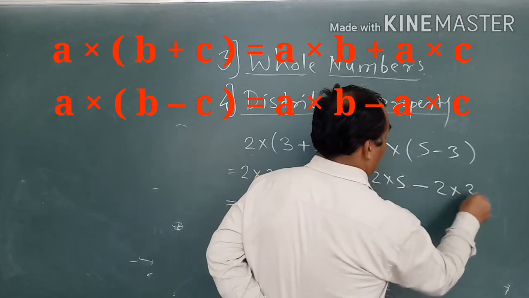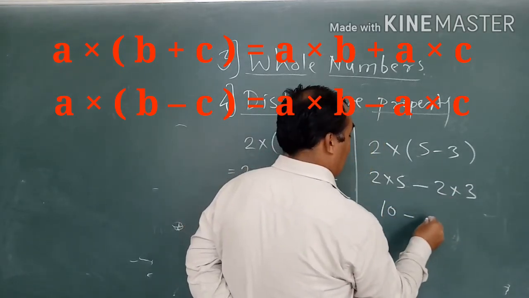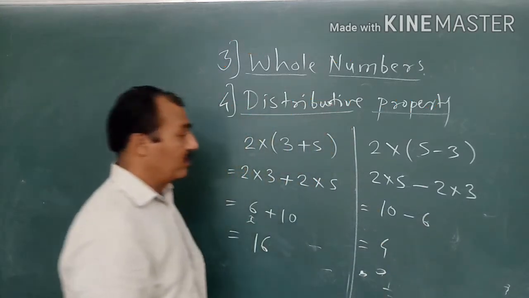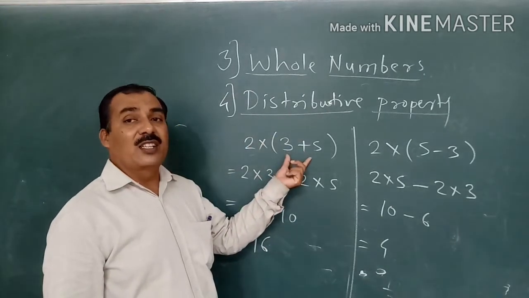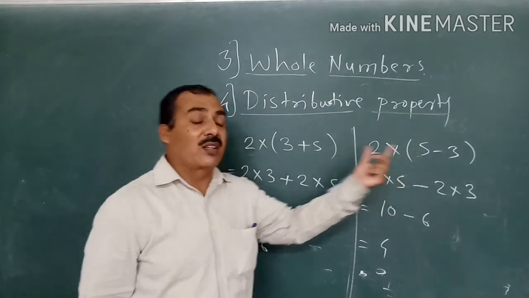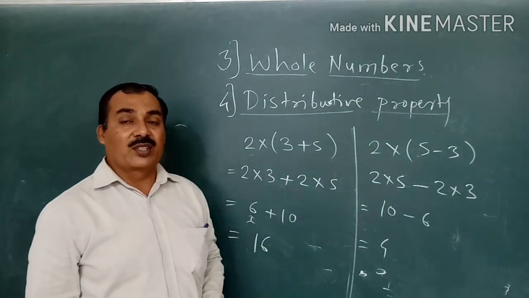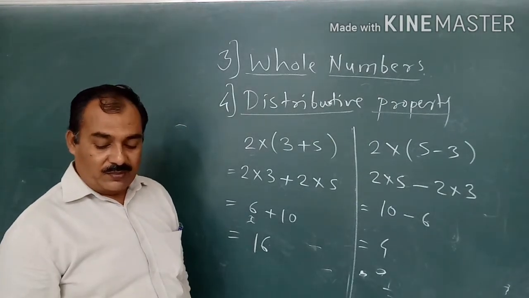So 2 5s are 10, minus 2 3s are 6, and 10 minus 6 is equal to 4. So in this way we can use the distributive property. We can distribute addition and subtraction with the help of multiplication.